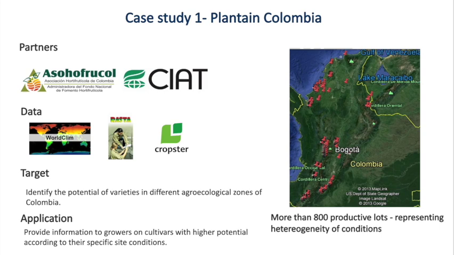We had to establish information collection process in the field because plantain isn't a researched crop. So we used the Cropster platform that's developed to capture and store information with information like geographical position, yield, harvest day, sowing date, and other variables.